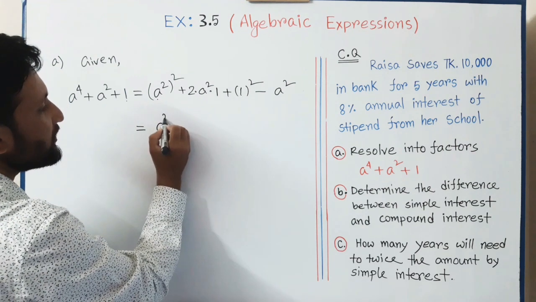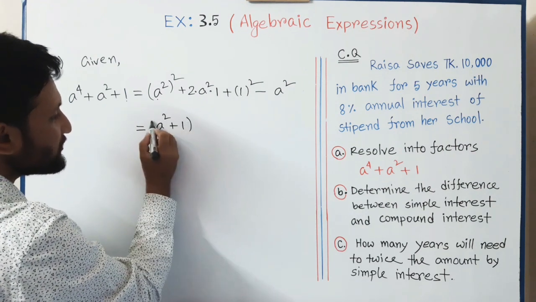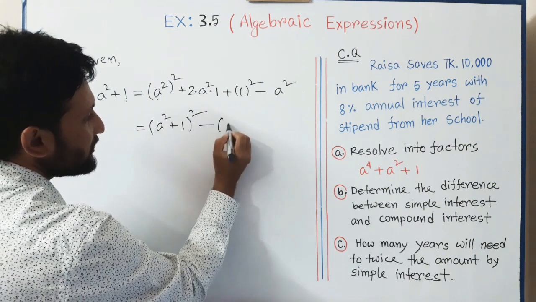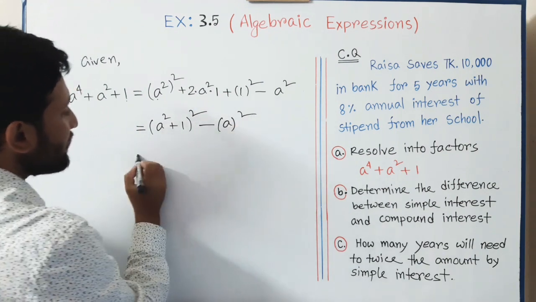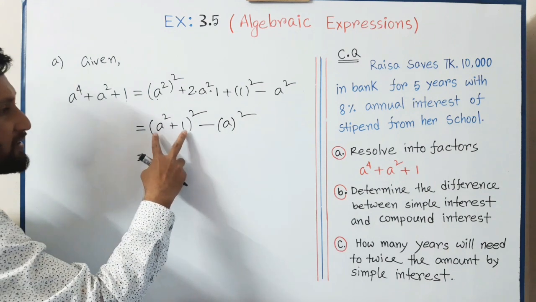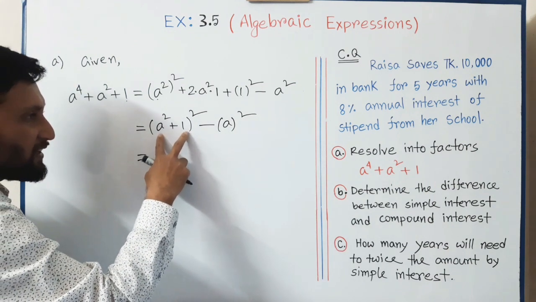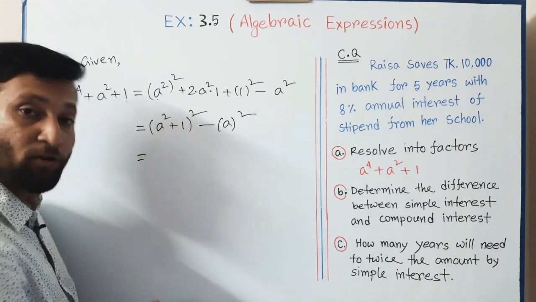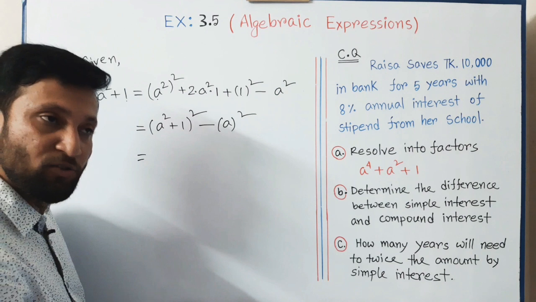So you can write a plus b whole square, that is a square plus 1 whole square, and then minus a whole square. Now in the first bracket, imagine this is a and this is b. So you can write a square minus b square, and the formula is a plus b into a minus b.